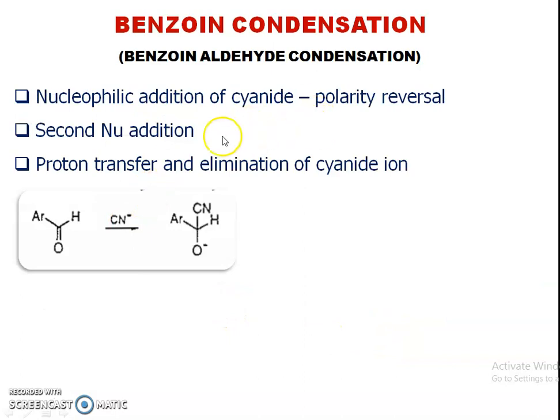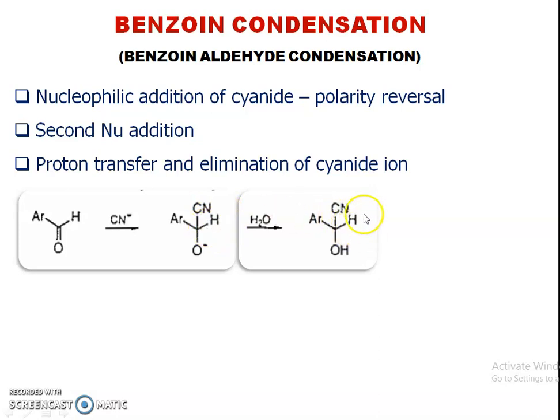Coming to the mechanism, when CN minus is added to a carbonyl, it usually forms a cyanohydrin like this. When you have an aromatic group and a cyano group, this carbon becomes more acidic, and this hydrogen is more acidic.